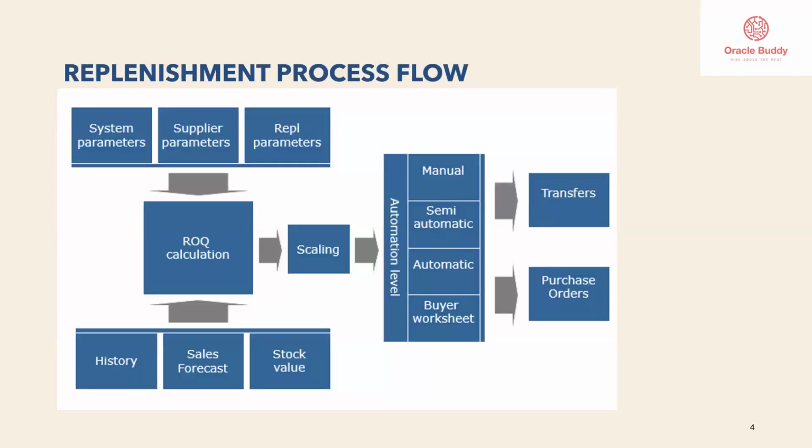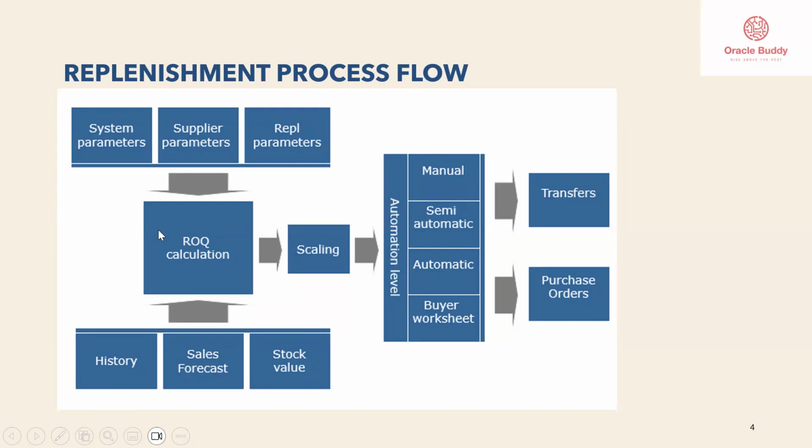So let's see a replenishment process flow. We have system parameters, supplier parameters, and replenishment parameters set up in MFCS. For all the sales, there will be a history, sales forecast, and stock value. Based on all these parameters, the ROQ, the recommended order quantity, will be calculated.